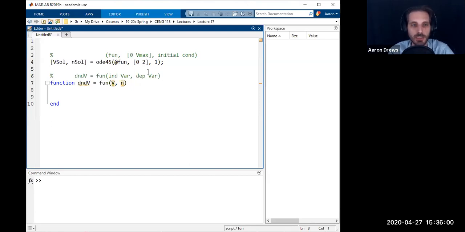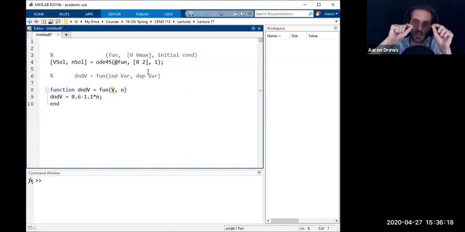The output that we have here is our function, right? So this is 0.6 minus 1.1 times n. Right, that was the function. If you look back to the notes that we just had a moment ago, that was pretty much the only thing we were actually doing that was calculating anything. We were using our numerical approximation, saying that if I know what the value is here and I want to know what it is out here, I can assume it follows a straight line between the two.